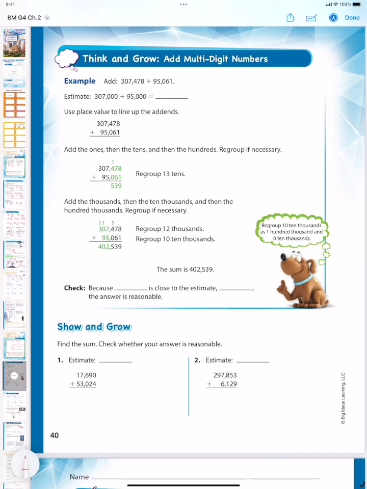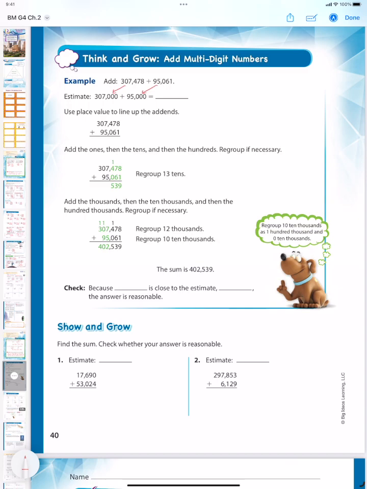Think and grow. Example, add 307,478 plus 95,061. Let's estimate this sum first. They already rounded these numbers for us. So I'm going to use place value to line up.